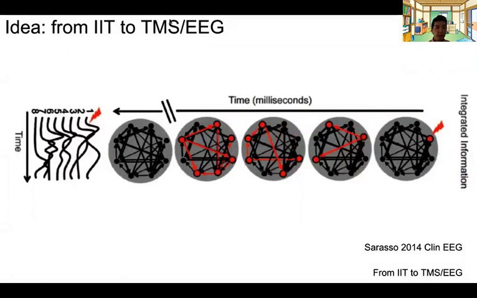Finally, this complicated connectivity pattern attains a high level of integrated information. If you stimulate one part of the brain, it can propagate to these areas and activate number 3 or number 5.